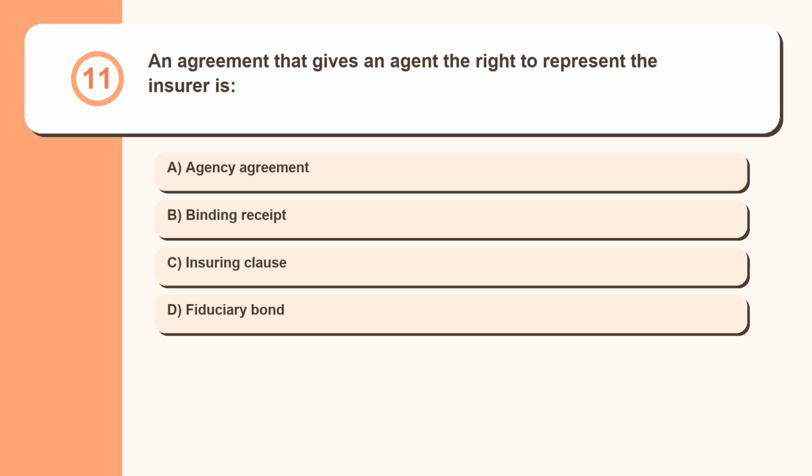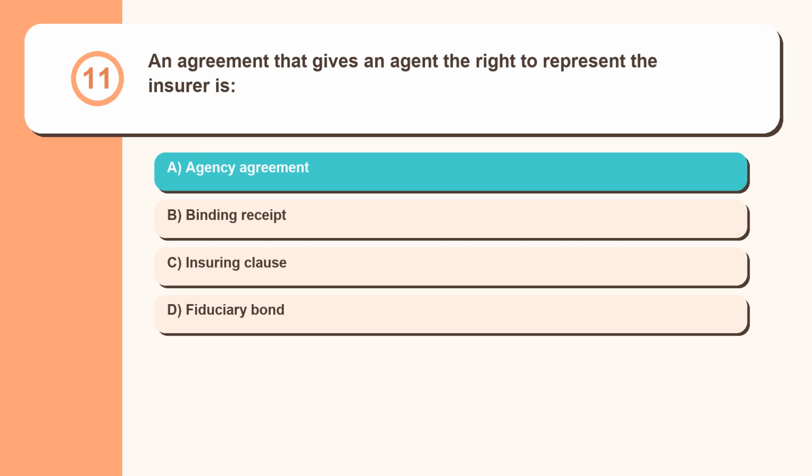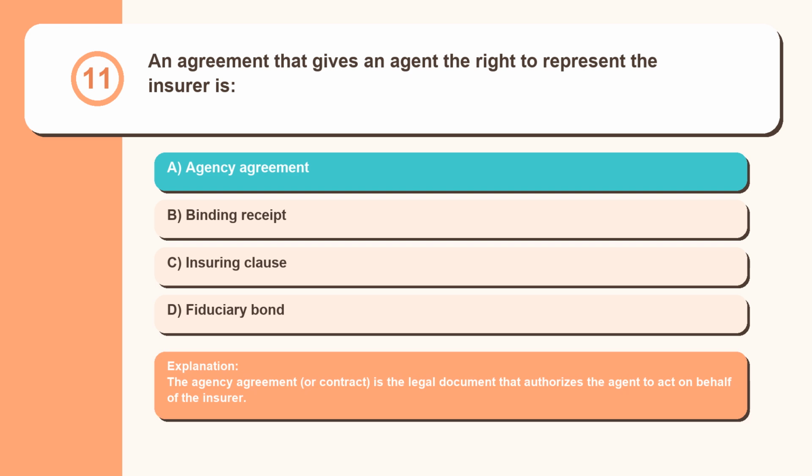Question 11. An agreement that gives an agent the right to represent the insurer is: agency agreement, binding receipt, insuring clause, fiduciary bond. The agency agreement, or contract, is the legal document that authorizes the agent to act on behalf of the insurer. Question 12.